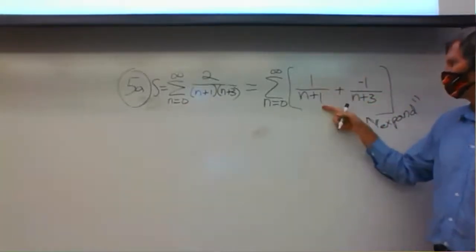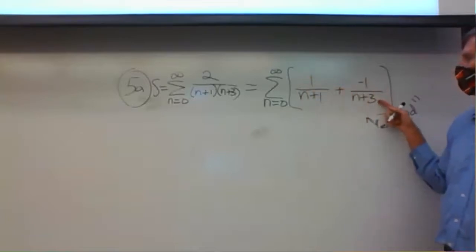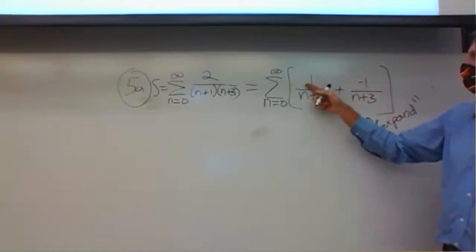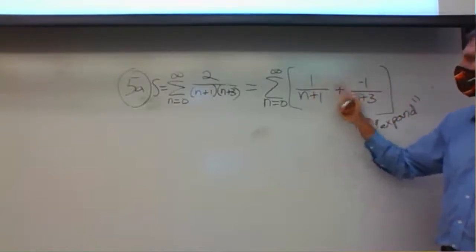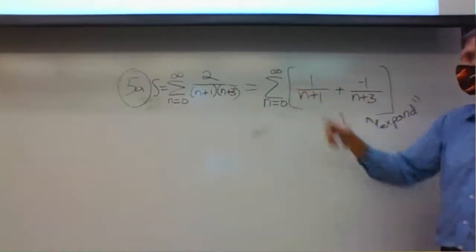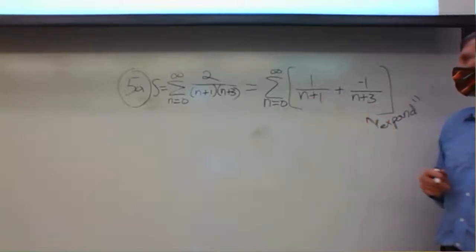Multiply this one top and bottom by n plus 3, and you've got n plus 3 in the top. Multiply this one top and bottom by n plus 1, and you get n plus 1 on the top. So n plus 3 minus n minus 1 gives you 2 left, all over this if you put these over a common denominator, so you can check it too. Okay, so by partial fractions, you can rewrite it like this.